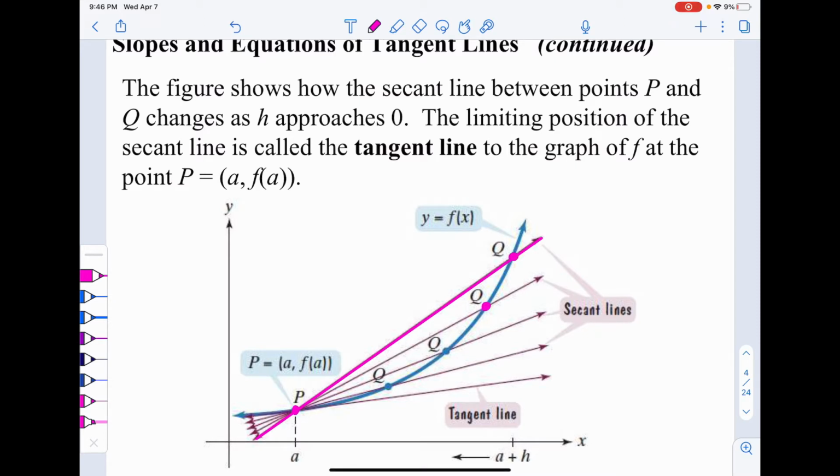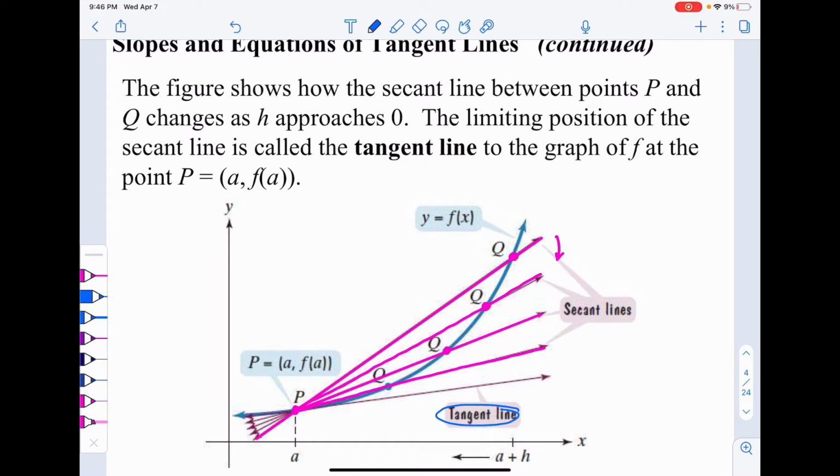Now I have a new line going between that P and that Q. If you remember anything about slope, it's looking at the steepness of a line, and this steepness goes down a little as you go. Then you get to the next point, and the next, until you eventually get to what's called a tangent line.